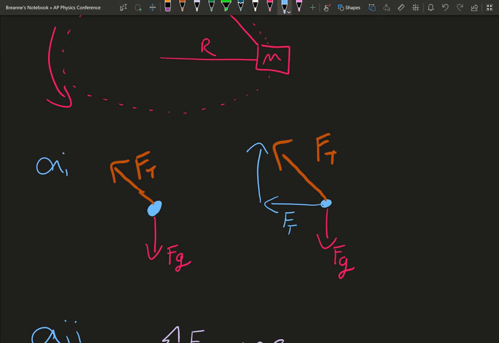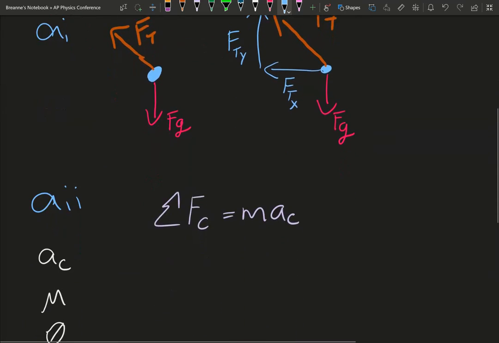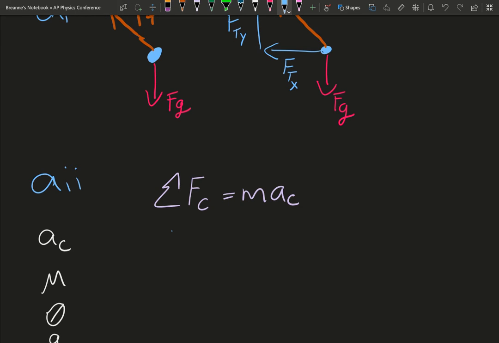So this would be our force of tension in the x, this would be our force of tension in the y. Our force of tension is the one that's pointing towards the center. So our centripetal force ends up being our force of tension in the x direction, equals mass times a_c.